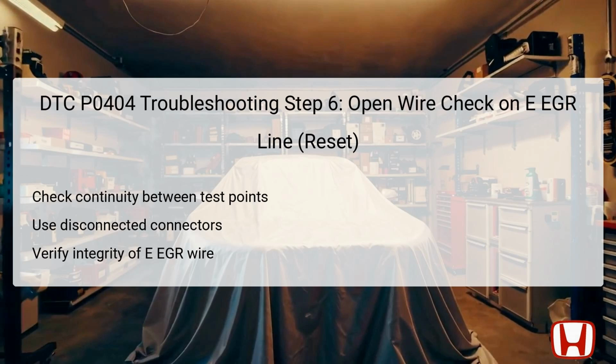If there is continuity, the wiring is sound and the fault may be internal to components. If not, an open wire segment must be repaired. Consistent wiring testing ensures a reliable signal path, which is essential for correct EGR function and diagnostic accuracy.